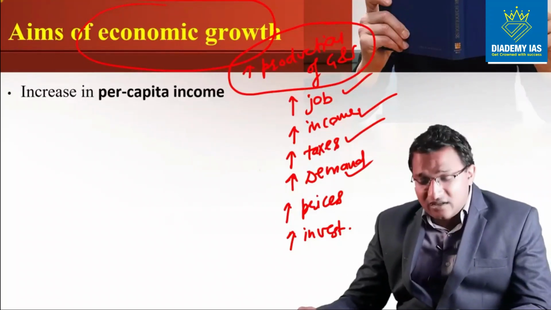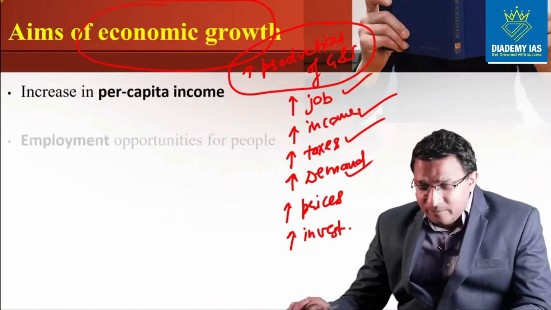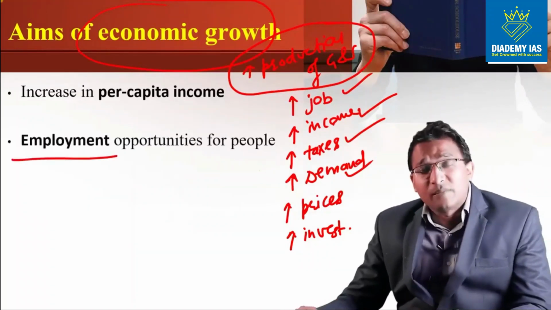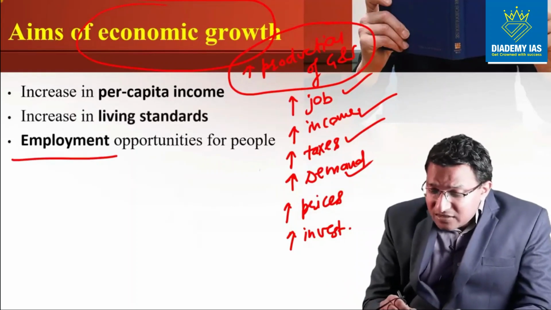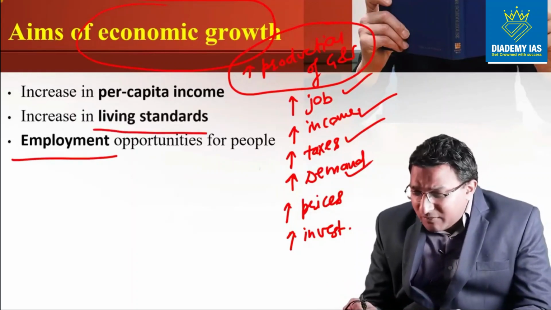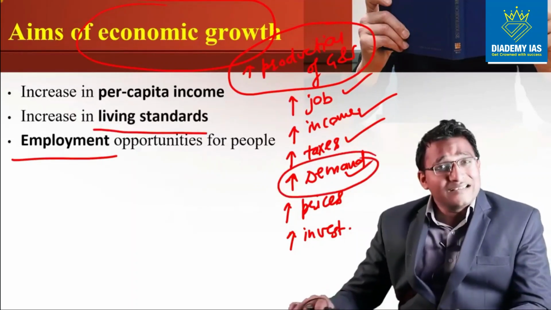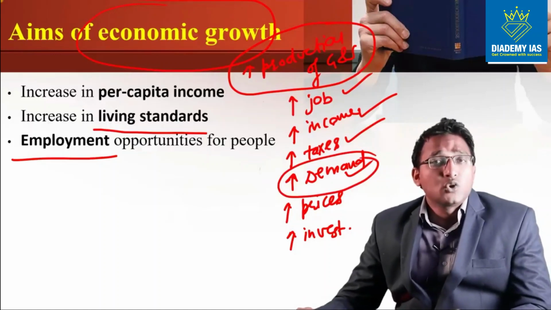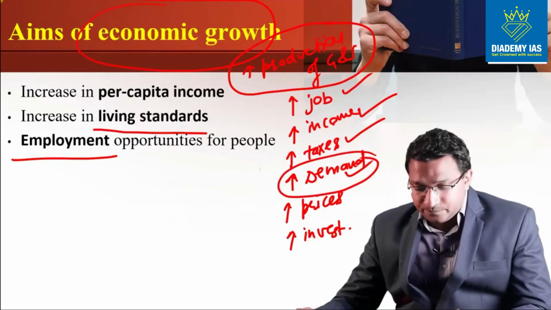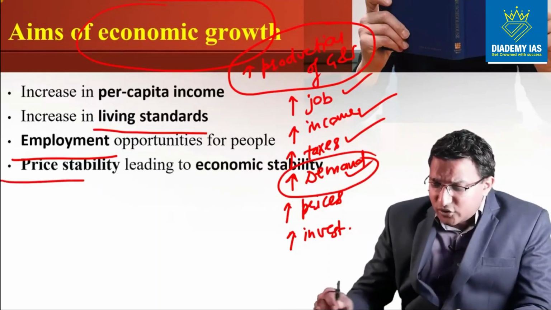So there is a virtuous cycle. There is an increase in the per capita income, the employment opportunities for the people increase, the people's living standard increases, because when they are demanding more products, they are utilizing those products to consume more and increase their standard of living. Price stability also leads to economic stability.